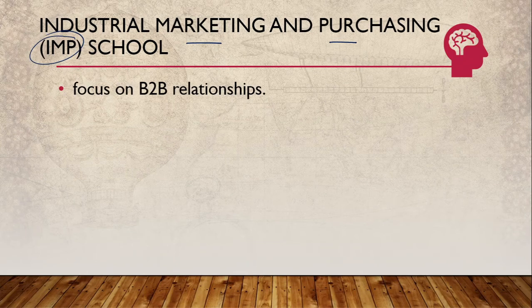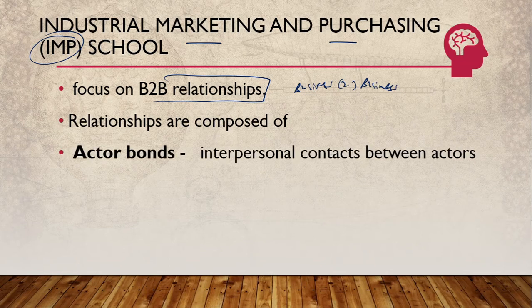What it does is it focuses on the B2B relationship, that is, the business to business relationships. So this school tells about business to business relationships and what the key aspects of that are. It says that relationships are composed of the actor bonds, that is, the interpersonal contact between actors.